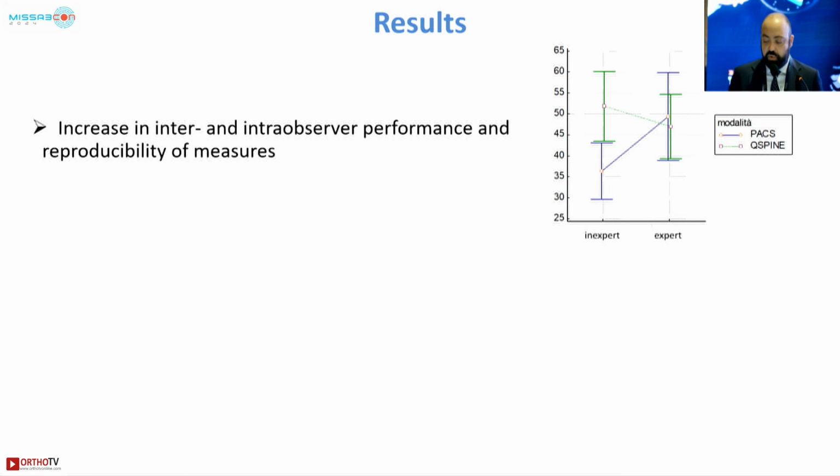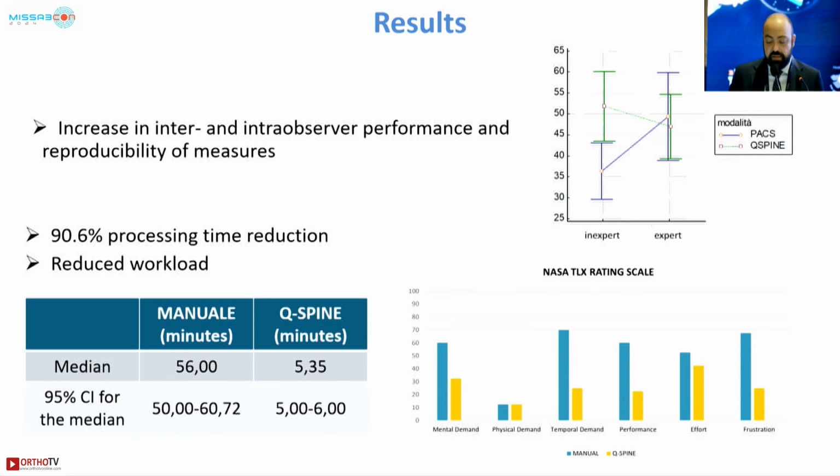The results show a significant increase in the inter-observer agreement and the reproducibility of the measures using the system, and, what was also more important, a dramatic reduction of the processing time and of the workload for the readers.